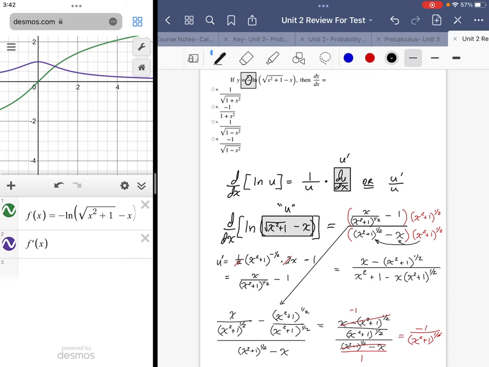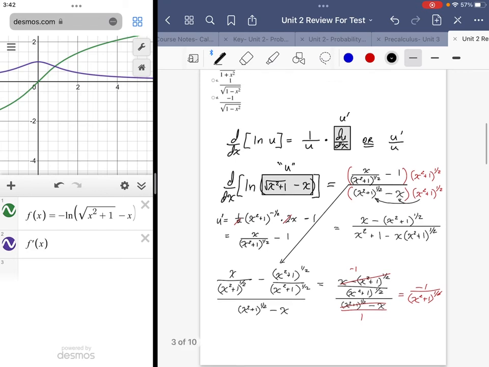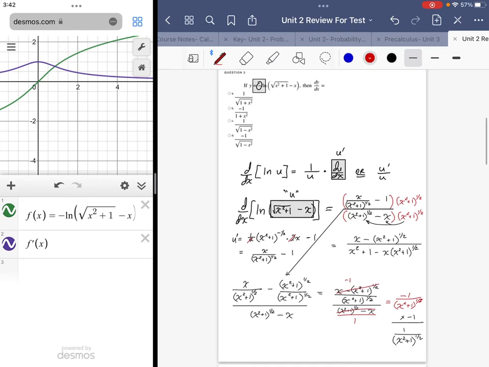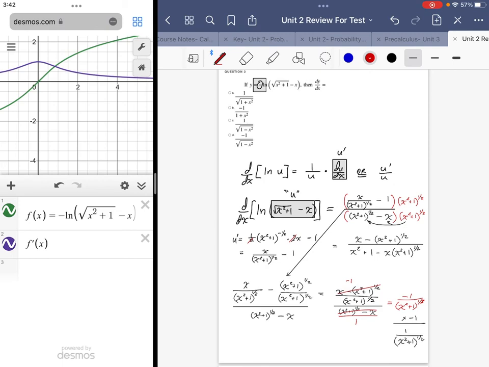We then have to correct for this because I said earlier on we need to hang on to that negative. So I got to multiply by a -1, and then that would give me 1 over x squared plus 1 to the 1/2, which is one of the choices. It just doesn't look like it. It's actually equivalent to choice A.